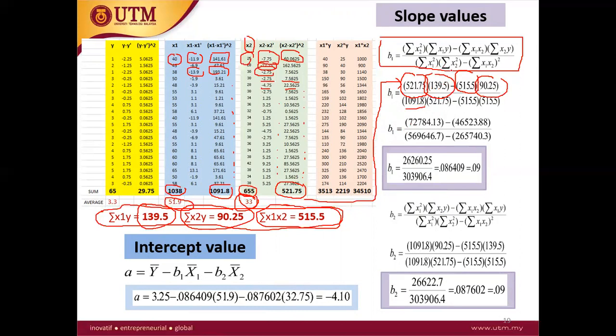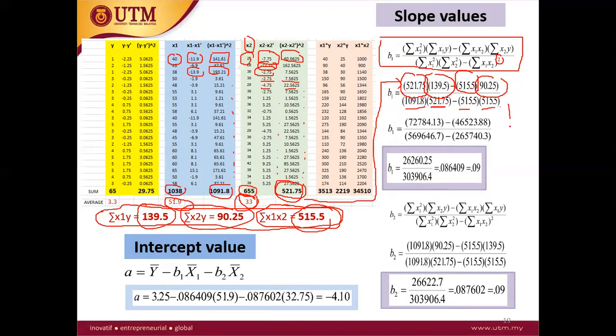And the sum of x2 squared is 521.75 here, already calculated. And the sum of x1, x2 is 515.5 times 515.5, since we have squared outside the bracket.